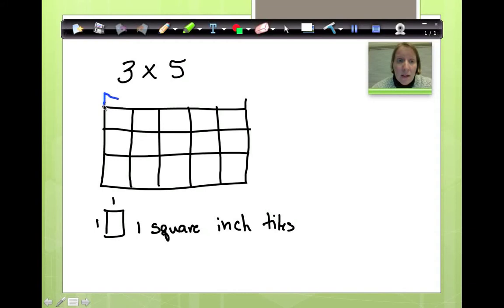Well, how about if I just count the sides? Because I know that from here to here is 1 inch, right? Well, I bet that's the same here. So this is 1 inch, 1 inch, 1 inch, 1 inch, 1 inch. Well, this would be 1, 2, 3, 4, 5 inches from this side of my rectangle to this side. Well, can we figure the same out from here?